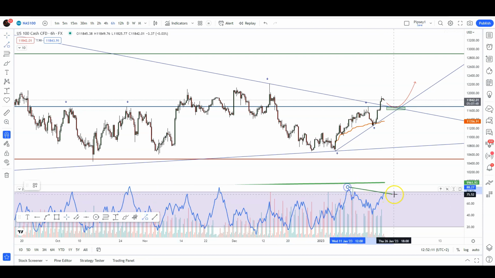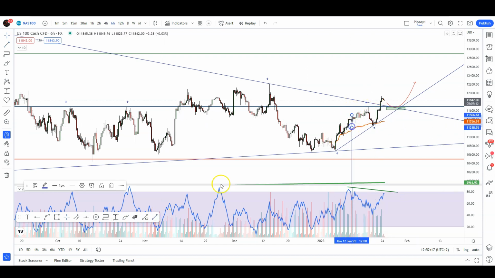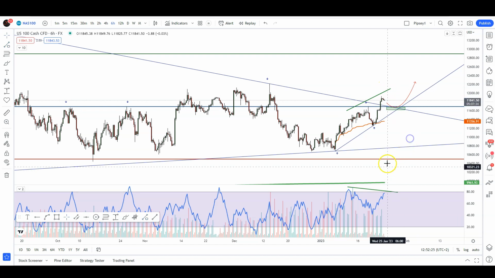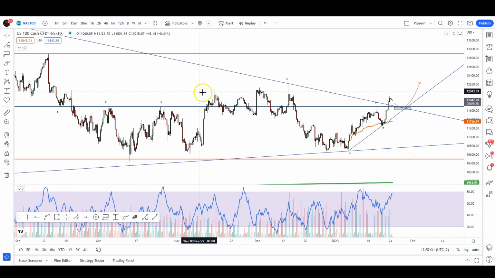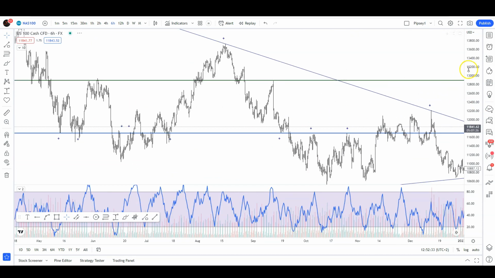However, we do have some big divergences here, man, which I'm going to speak about next now. What is the potential of this being a bull trap?